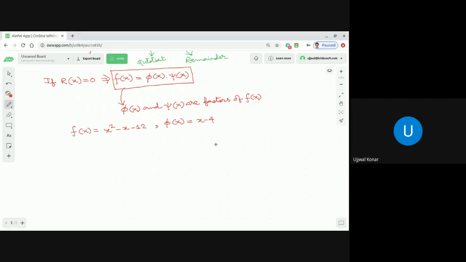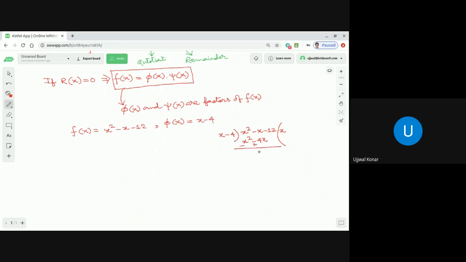There are two ways you can do it. You can simply divide by x minus 4. Here you write x square minus x minus 12. Correct, dear student? Here you write x, so here you get x square minus 4x. Here it will be plus, here is minus.